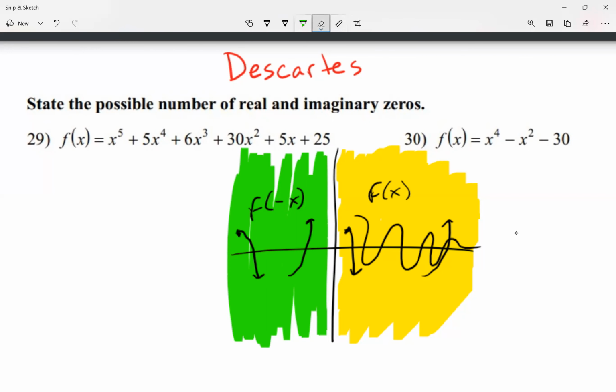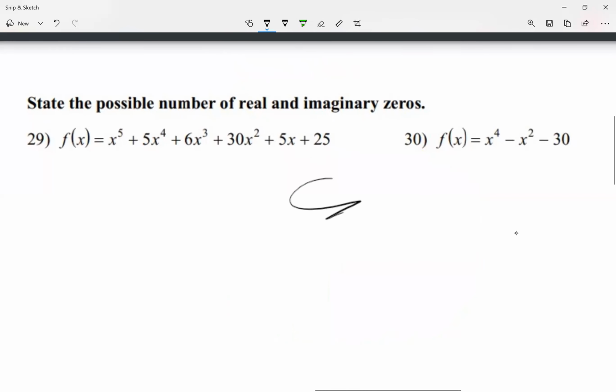Okay, so if that didn't make sense, let's take a look at this way. It says the possible number of real solutions. I'm going to be looking at the signs of the terms of f of x. So I have a positive, positive, positive, positive, positive, and positive.